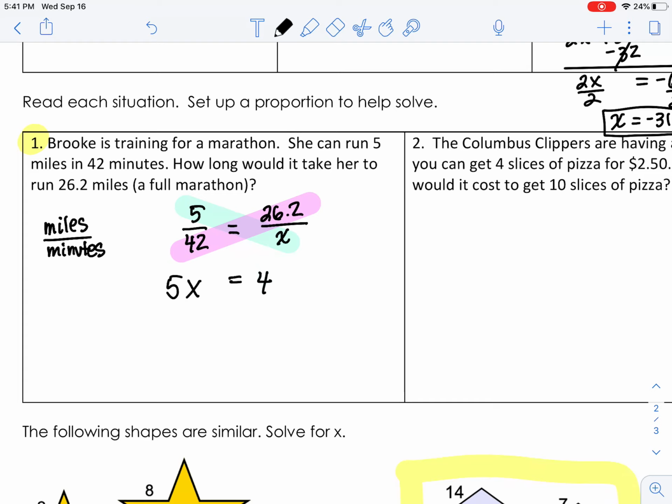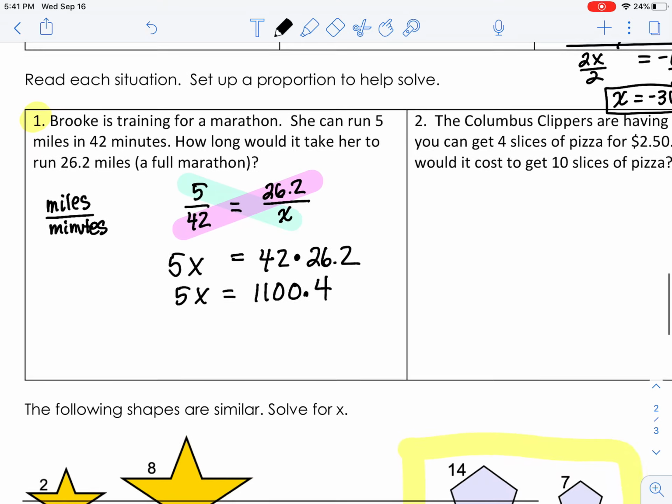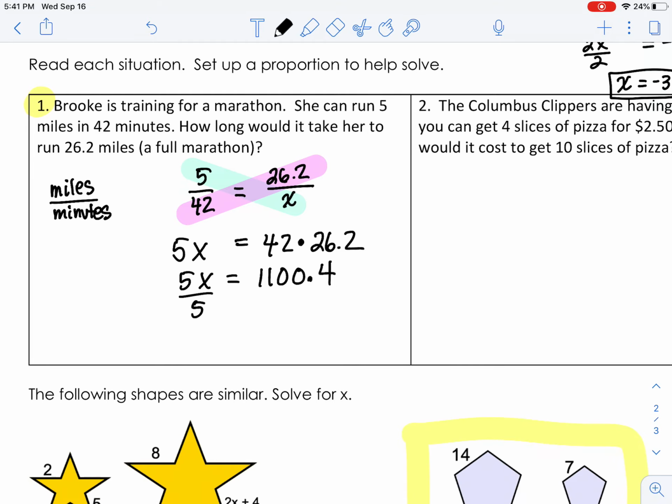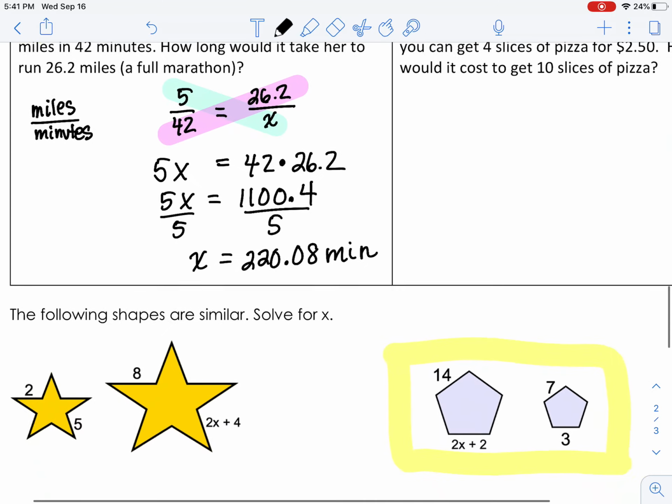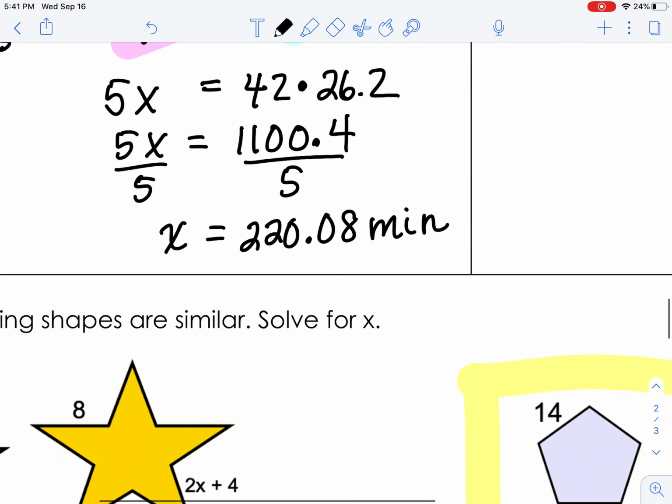And so that would give us 42 times 26.2 is 1,104 tenths. Okay, and then we would divide both sides by 5, and we would get x equals 220 and 8/100 minutes.